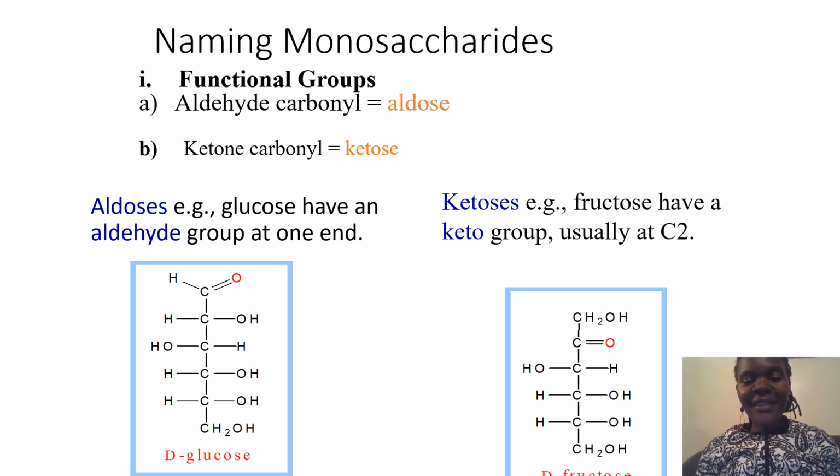Then the second criterion is based on the functional group. For glucose at carbon atom number 1, we have a double bond O, then an H this side. At carbon atom number 1, there is an aldehyde group. It is a 6-carbon hexose. Carbon atom number 1, double bond O. At that point, you talk about an aldehyde group.